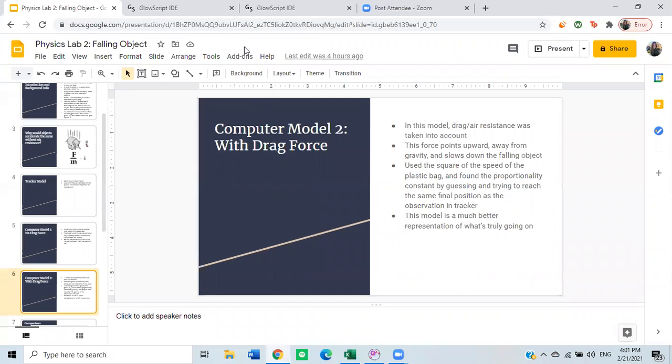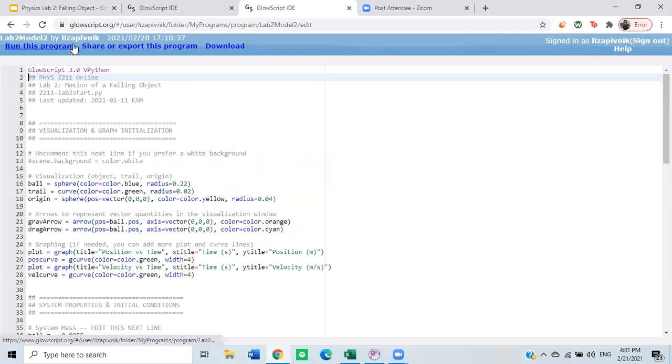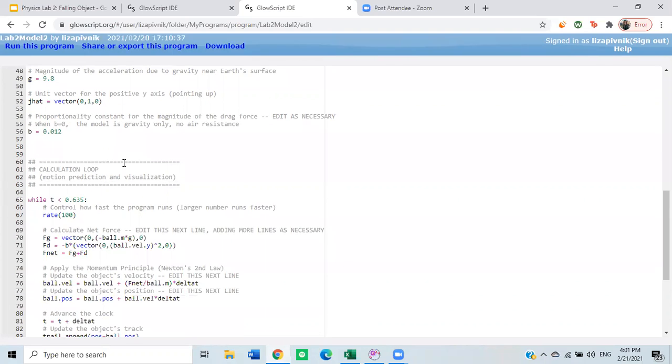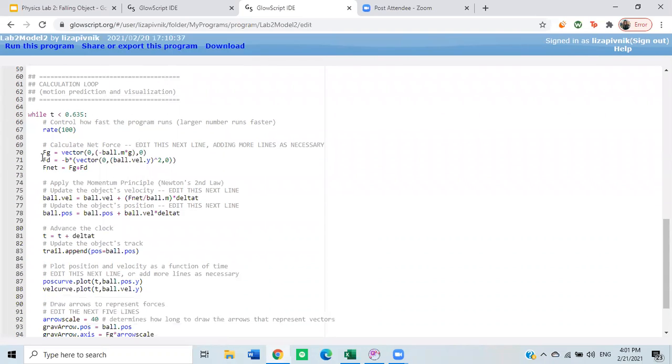So if we look at our second model in just a second, we can see that I found my proportionality constant right here, 0.012, just by guessing and checking. And then we have our F net, we have our FD, which is our drag force pointing upward, air resistance essentially.